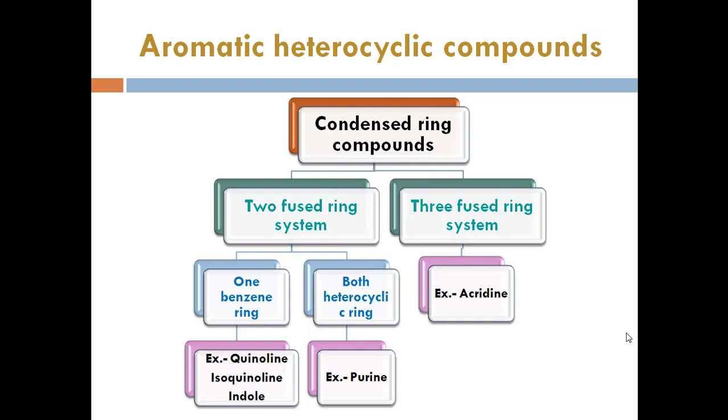In quinoline, isoquinoline and indole, there is one benzene ring fused with a heterocyclic ring, so a total of 2 fused rings. And the other group is compounds in which both fused rings are heterocyclic in nature. The example is purine, right? And the 3 fused ring system is acridine, in which 3 rings are fused with each other to form acridine.